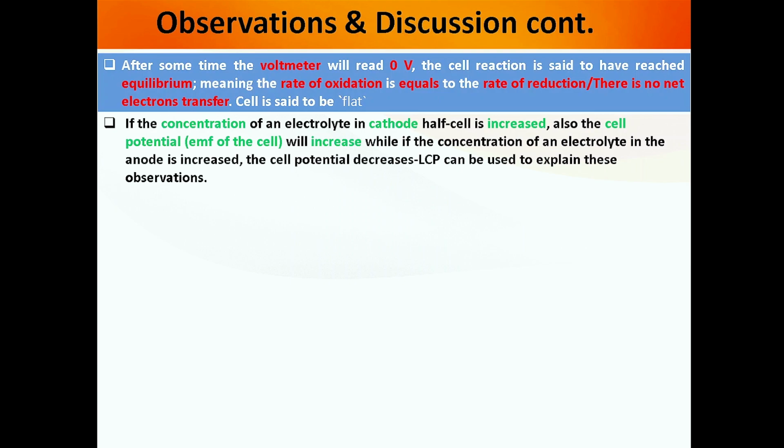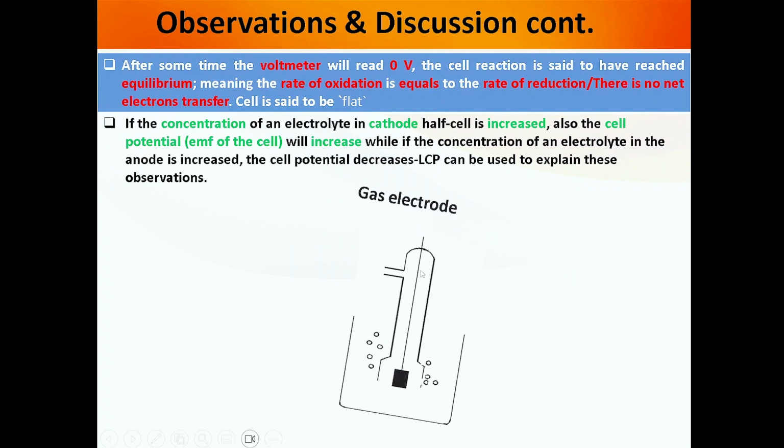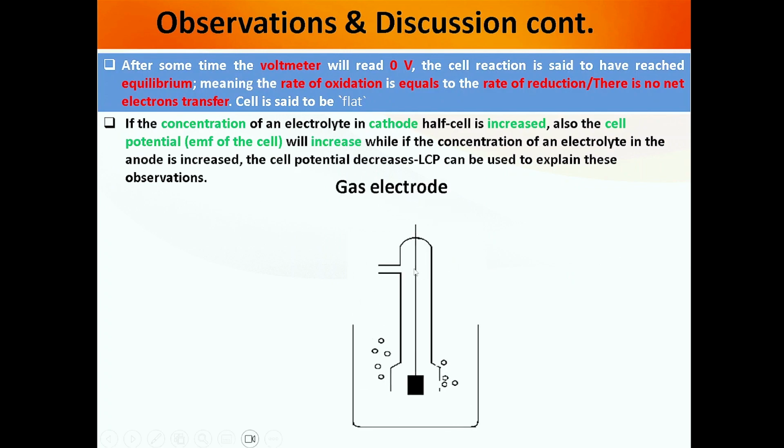So the cell potential decreases according to Le Chatelier's principle. Remember, grade 12, that these topics interrelate. We dealt with chemical equilibrium before. So the same thing happens here: what is happening on the anode, the system will shift in such a way as to counteract the change. So we are also explaining those observations.